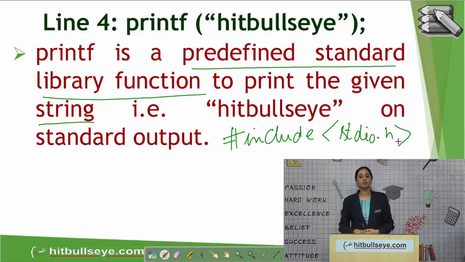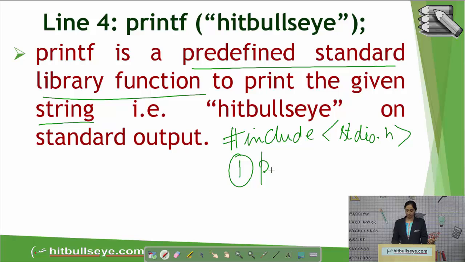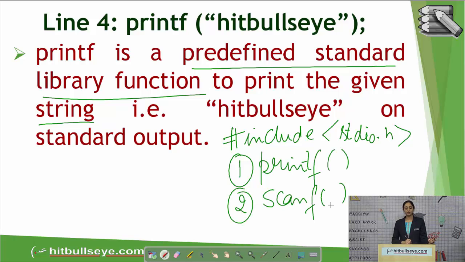So stdio.h is used to call two predefined functions: one is the printf function and second is the scanf function. So printf is used to print any given value. We can say that printf is used for the output, whereas scanf is used for the input.